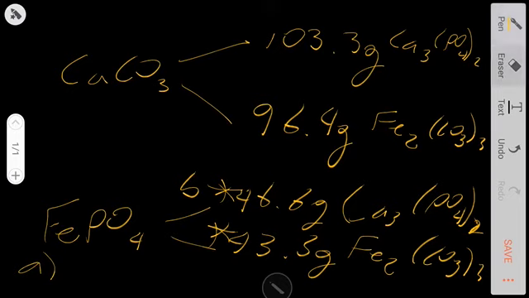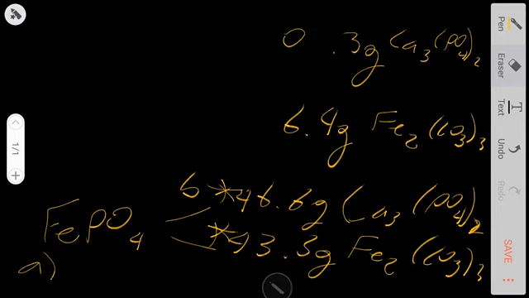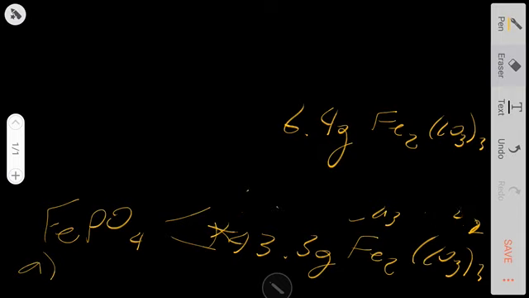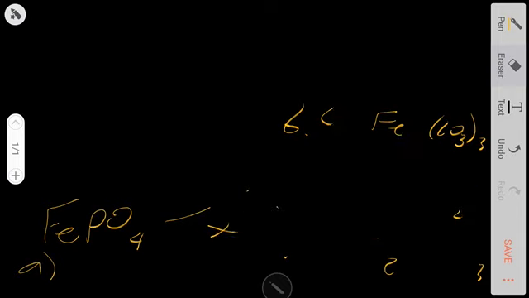And to solve for C, erase this for a moment. To solve for C, we're going to take a look at my non-limiting reagent, which in this case was calcium carbonate.